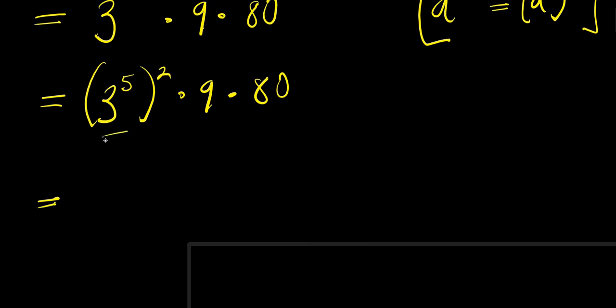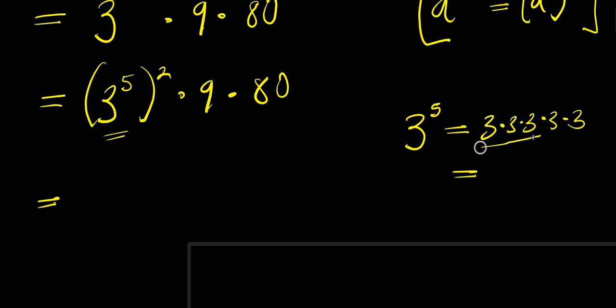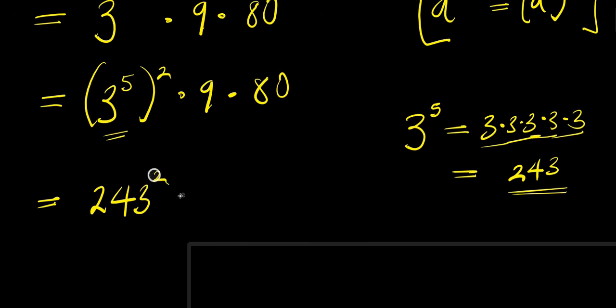And from here, we have 3 to the power of 5 equals 3 times 3 times 3 times 3 times 3. And this is 9, 27, 81. This is 243. So we have 243 to the power of 2 times 9 times 80.